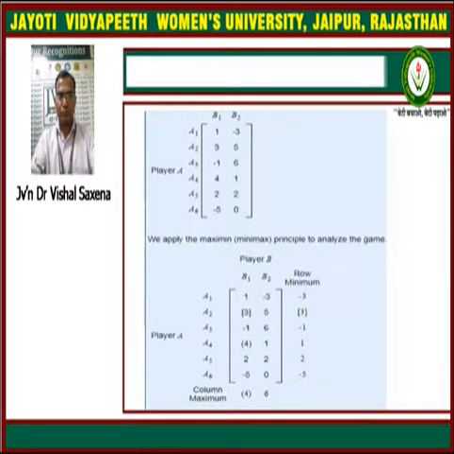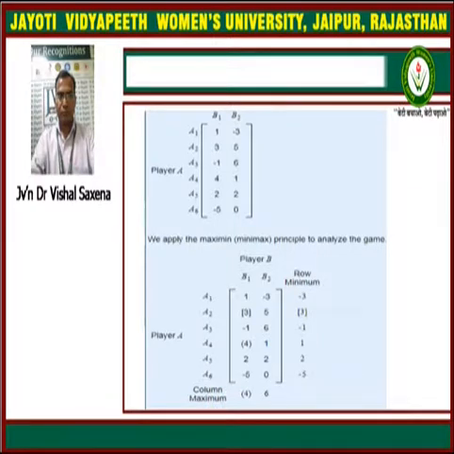So these are the row minimum values, and now we have to find the column maximum values. The column maximum values are 4 and 6. These are the maximum values in the first and second column respectively. We have found the row minimum values and the column maximum values because for the saddle point we need the concept of the maximin and minimax values.